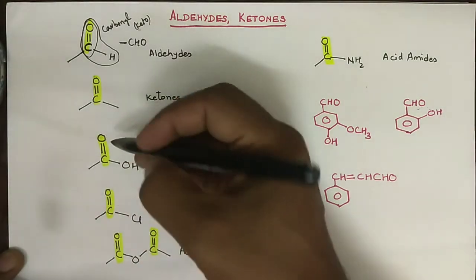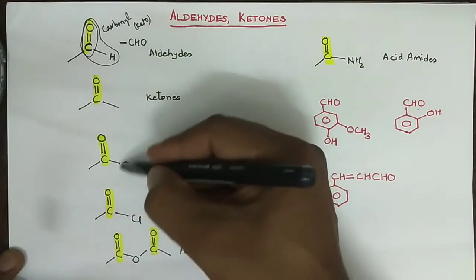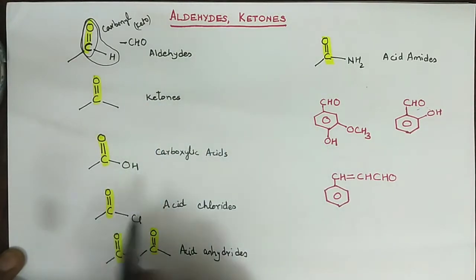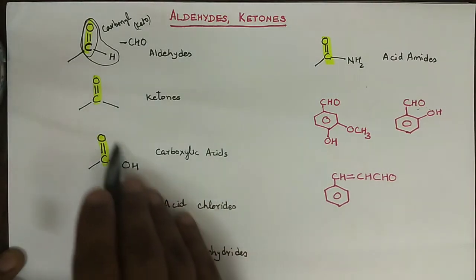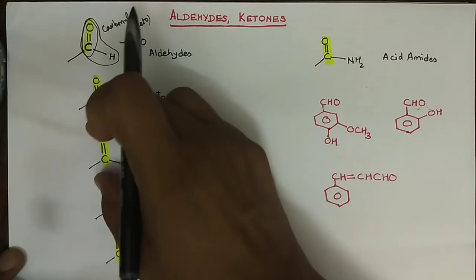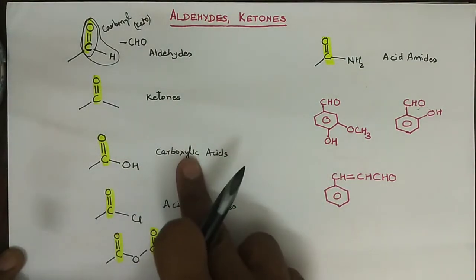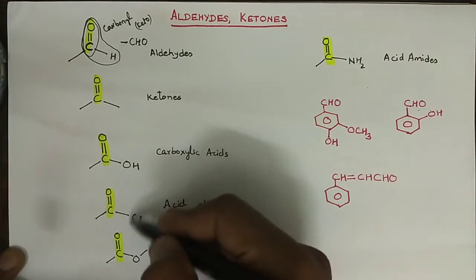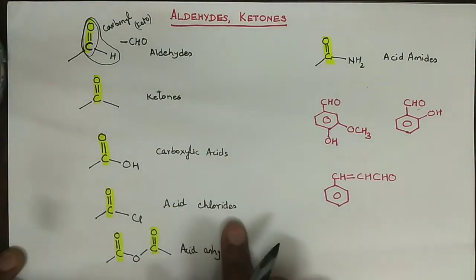And if along with this carbonyl you have a hydroxyl group, an alcoholic group, then these are called the carboxylic acids, carbonyl group along with OH. If you have a halogen attached to this carbon instead of hydrogen, you will call it acid chloride.